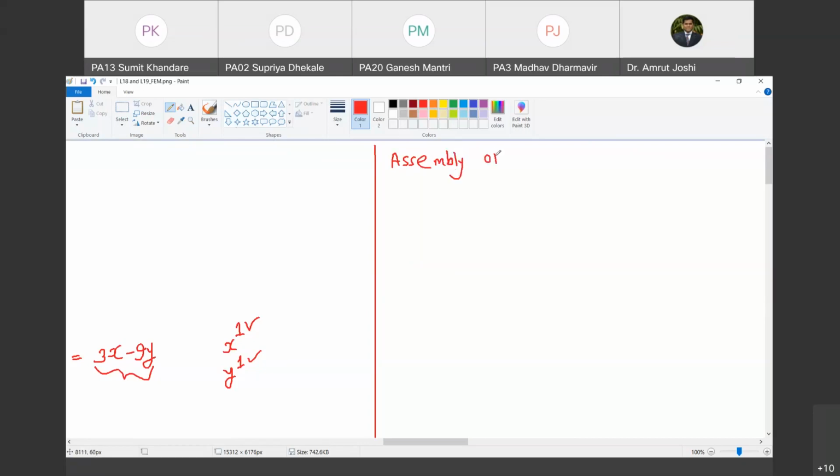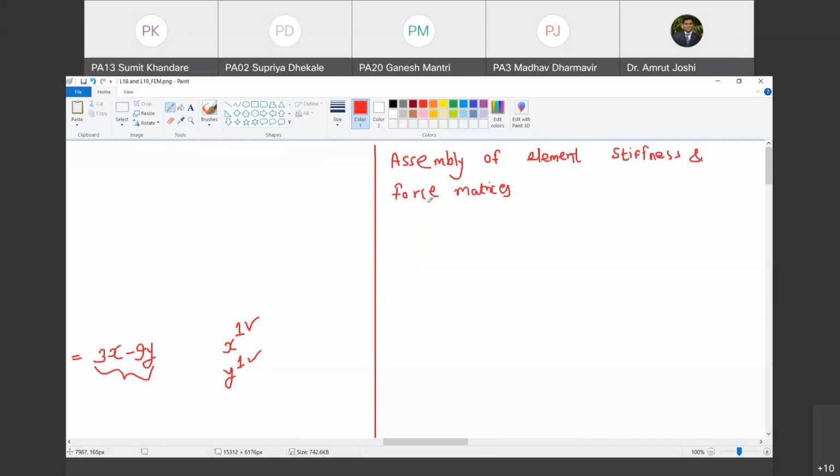Assembly of element stiffness and force matrices. Are you with me? Yes, sir. Matrices.